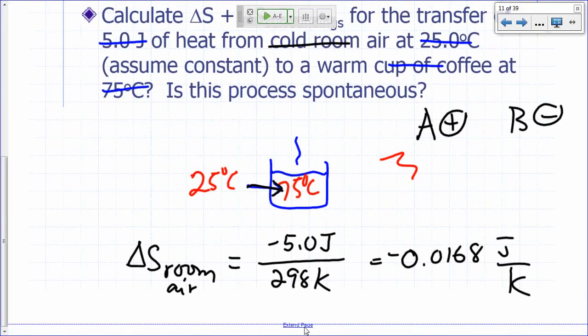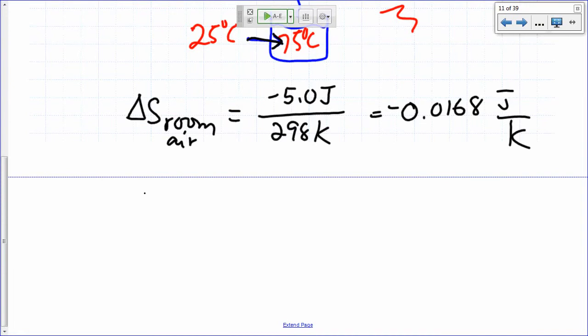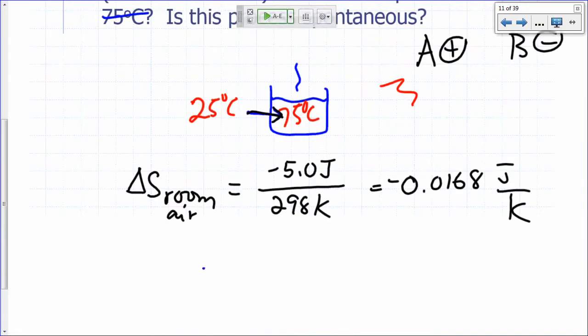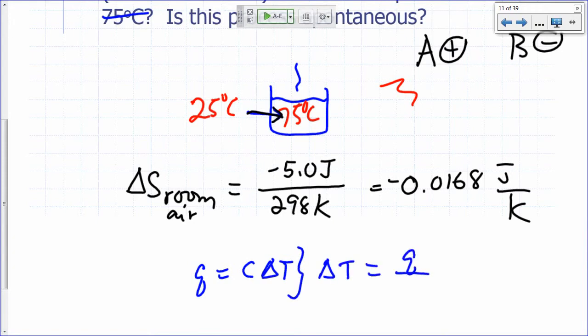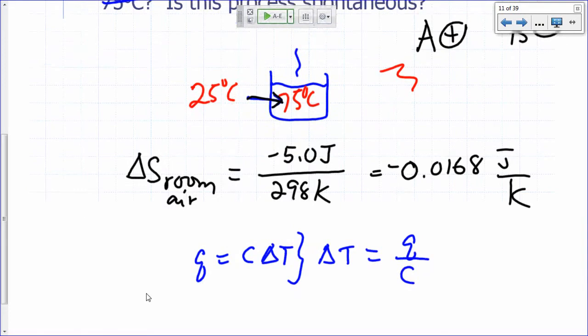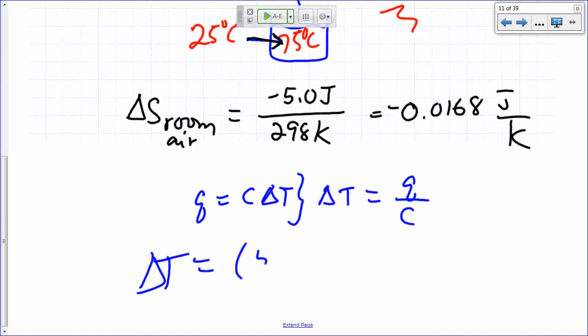What happens to the entropy of your coffee? So what's the delta T for the coffee? Q equals C delta T, right? What's delta T for the coffee? It's Q over C, right? So how much heat? Positive 5 joules went into the coffee, right?